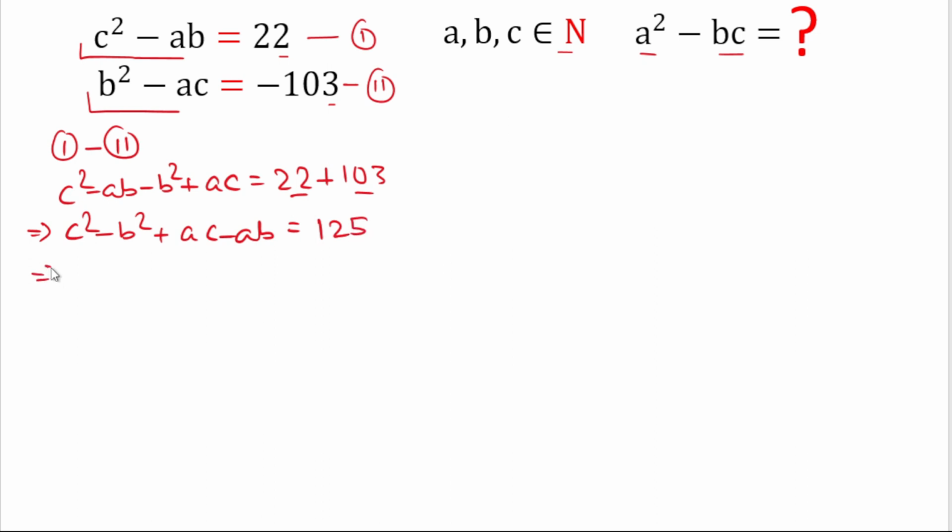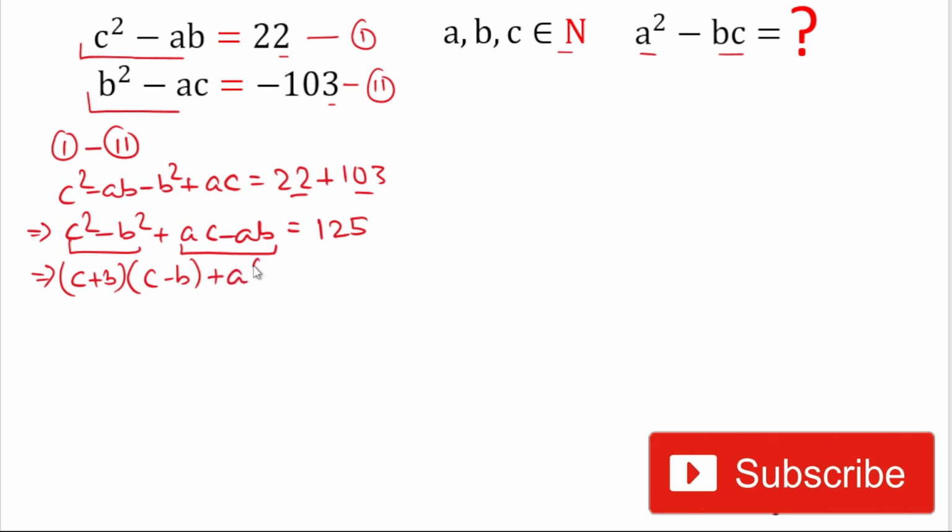And here c square minus b square we can write c plus b multiplied by c minus b, and now from these two terms we can take a common. So we'll take a common and remaining is c minus b, that is equal to 125.